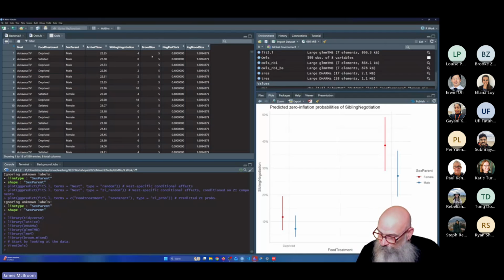Brood size is how many chicks are in the nest. And we're going to use that as what we call an offset in this model. It's got a known effect. We know it has an impact on the number of begging attempts, i.e. the more chicks there are in a nest, the less food there is to go around, therefore the more begging will occur. So we know it has an effect, but we don't care about its effect. We're just going to put it in as an offset.